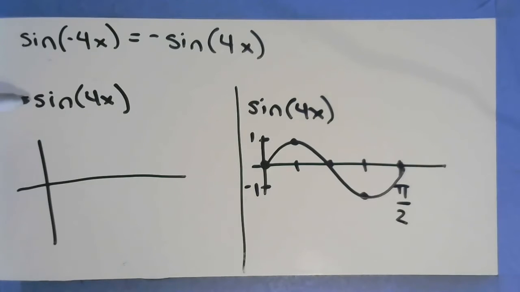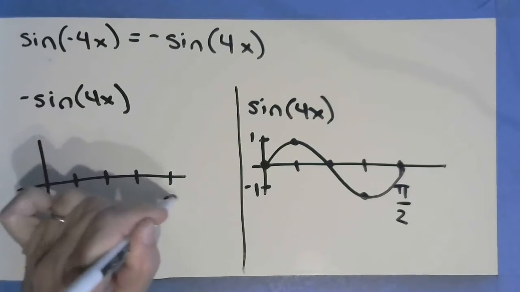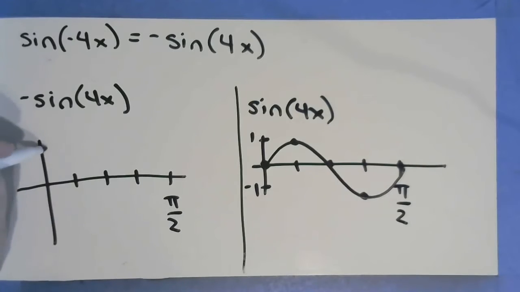We know that that is reflecting it across the x-axis. We looked at that when we were looking at what the coefficient in front would look like. So we still have the same period. We go to pi over 2. We still have 1 and minus 1.